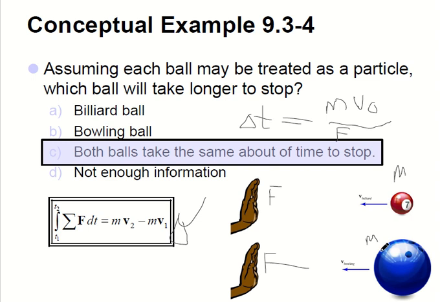This is smaller than that. Let's give it maybe 4 times. 1, 2, 3, 4, about 4 times. So this is going to change. Since this has a mass 4 times larger, the duration is going to take longer to stop.